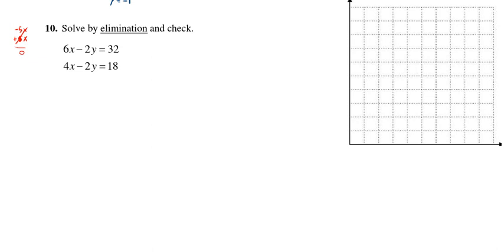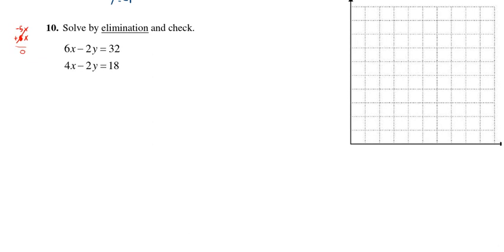So the first thing that we should do is check whether we have inverses in our original system or not. If we check the x variable, there are no inverses here. And if we check the y variable, there are no inverses here, but we're very close to having inverses here because we have the same variable, the same number.